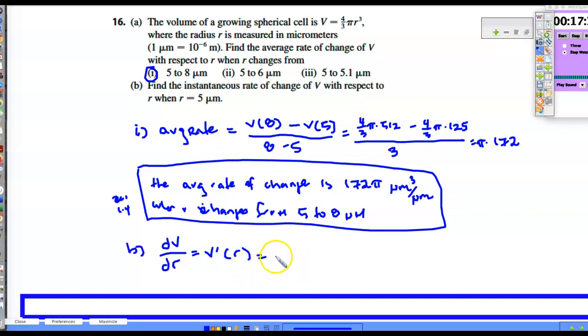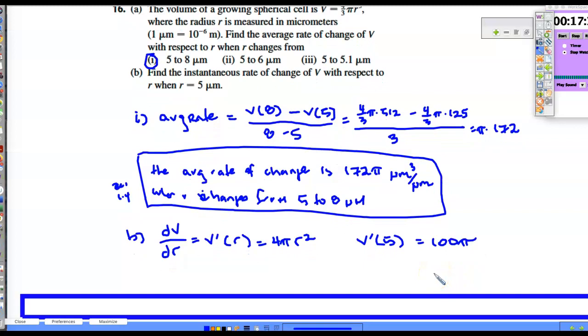When you take the derivative of 4/3 pi r cubed, the 3's cancel, so you're going to get 4 pi r squared. When you evaluate V prime at 5, 5 squared is 25, 25 times 4 is 100, and you get 100 pi.